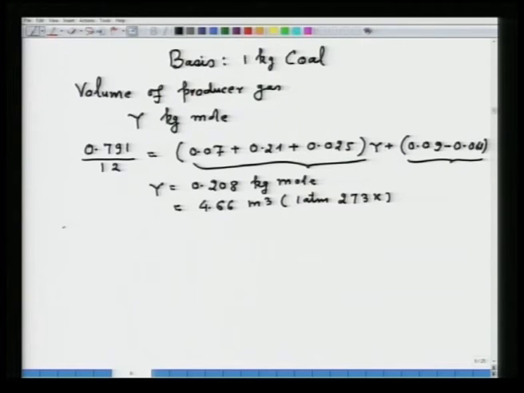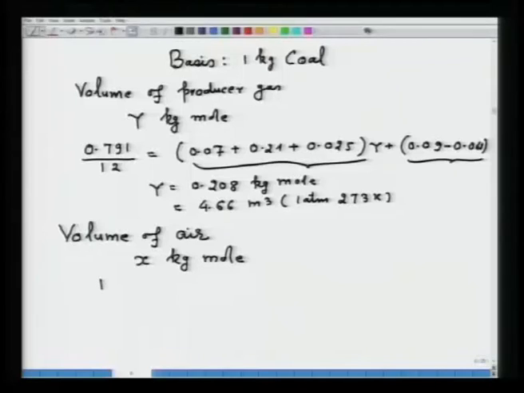Now, I have to find out the volume of air. Remember here it is a moist air. So, let us say x kg mole is the amount of air. Since air is moist, we have to calculate the composition of air; it is not 79:21.